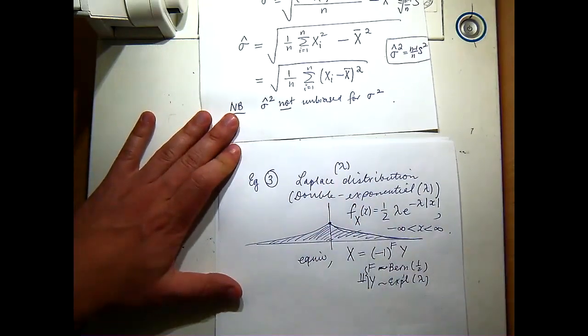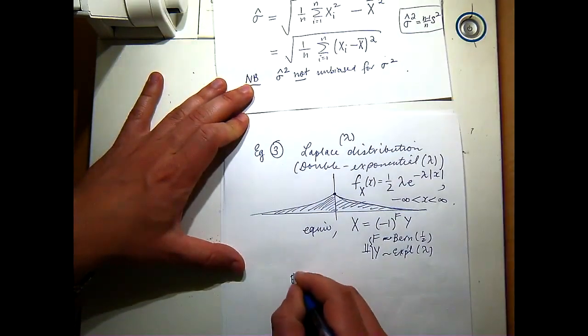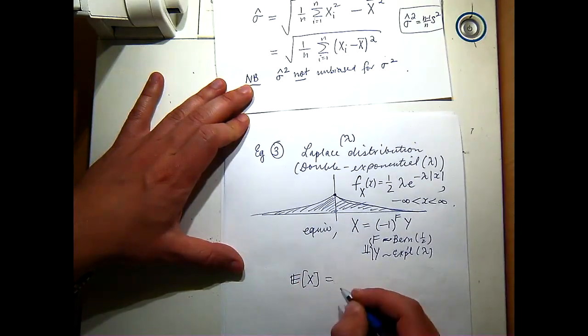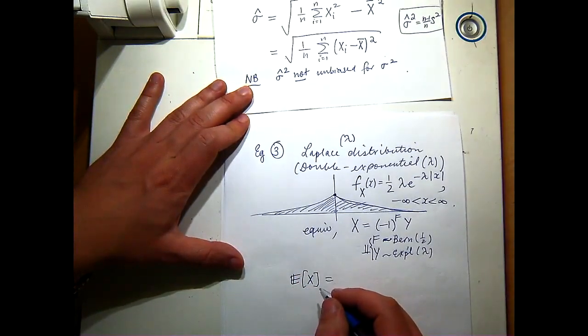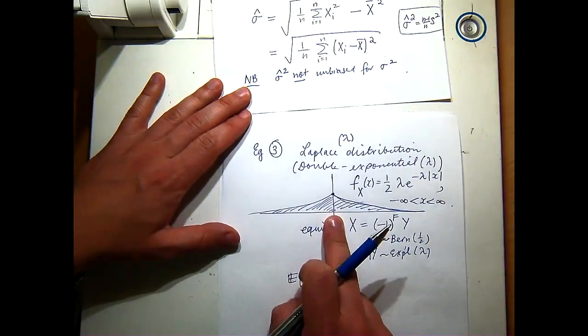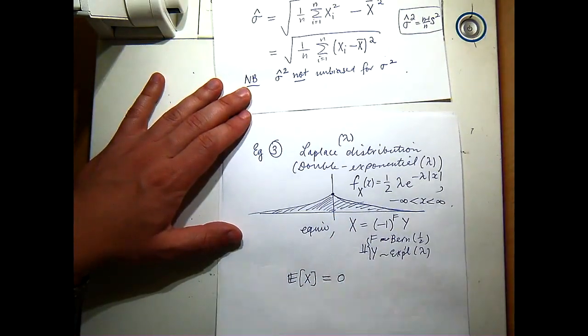Now, there's only one parameter here, so you think life should be easy, but can anyone tell me, without even doing calculation, what is the expected value of x? Look at the picture. 0. Anything that's symmetric has expected value 0. There's an asterisk on that statement, which any pedants can probably tell me.